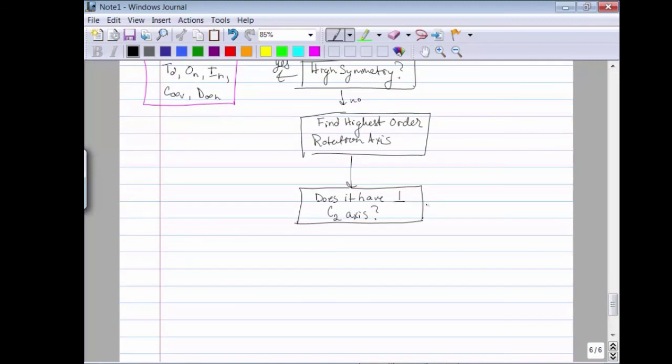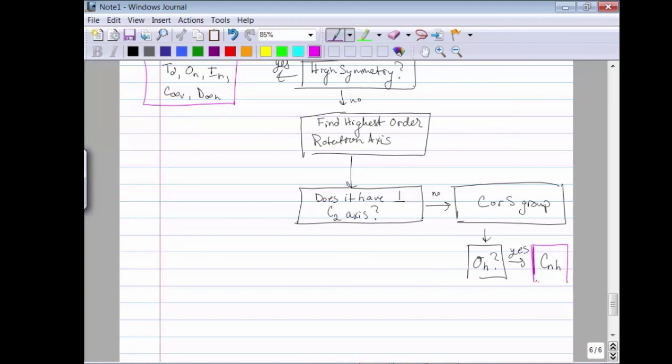If it does not, then you're in a C or S group, a single axis group. Then you ask yourself, does it have a sigma h? If yes, then it's Cnh. If no, you ask yourself, does it have a sigma v?